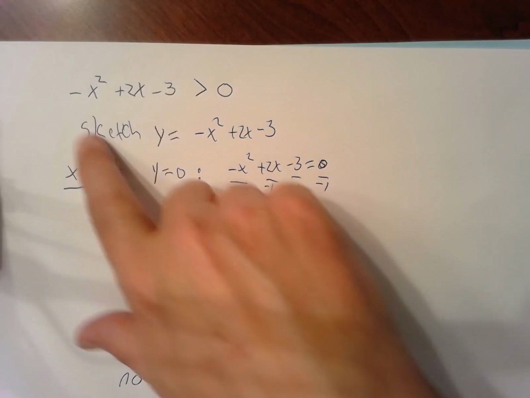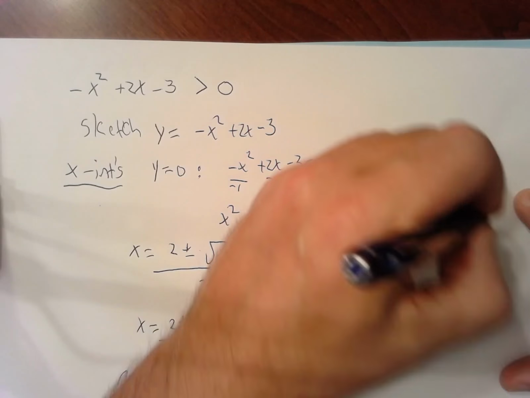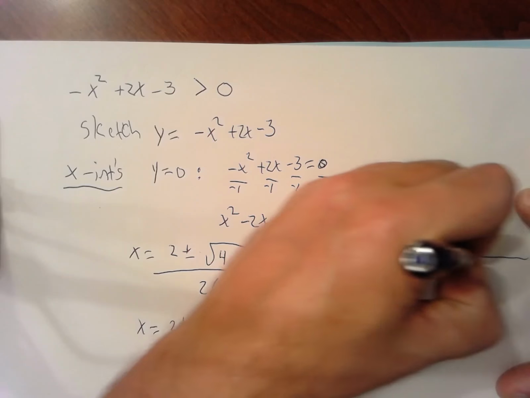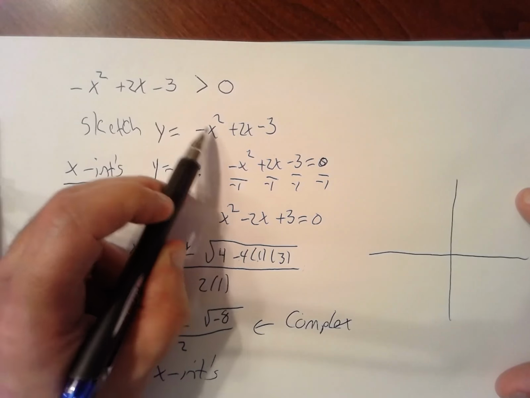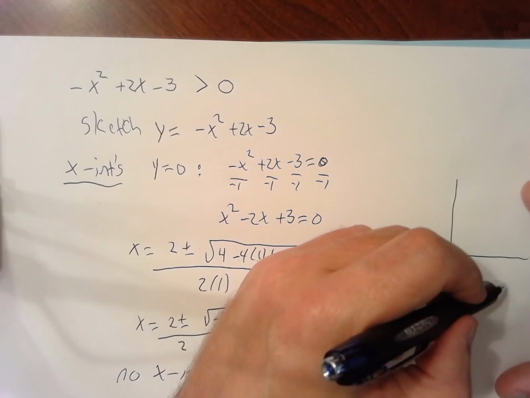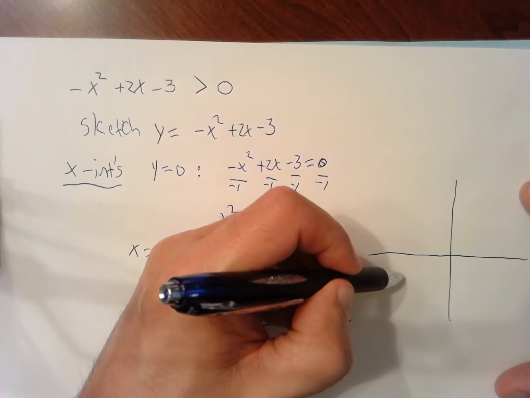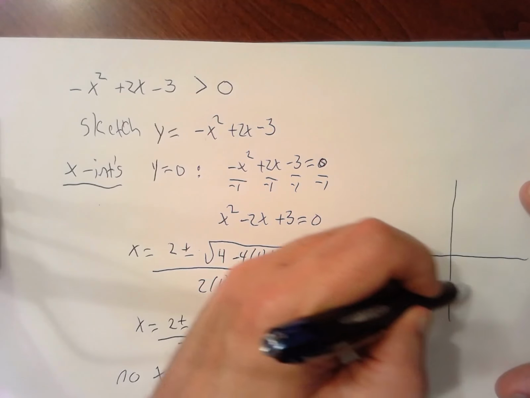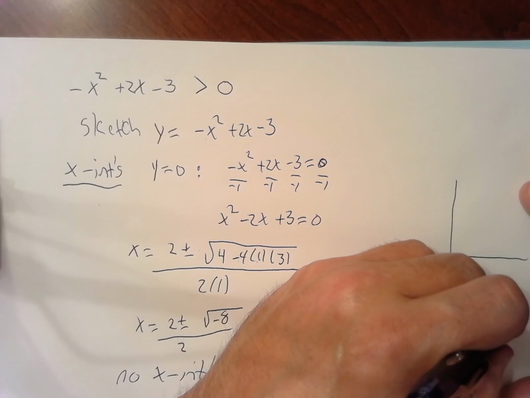So what's that going to mean for this graph? If I want to graph this function, I'm going to have to think a little more on this one. This graph points down because we have the negative leading coefficient. So the graph couldn't possibly look like this. That would have some x-intercepts. If the graph is going to point down, it must live all underneath the x-axis.